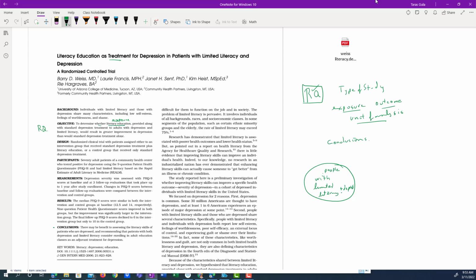Then some of them are going to get a treatment. So this is the exposed. Exposed equals yes. Exposed equals no: they get standard depression treatment.